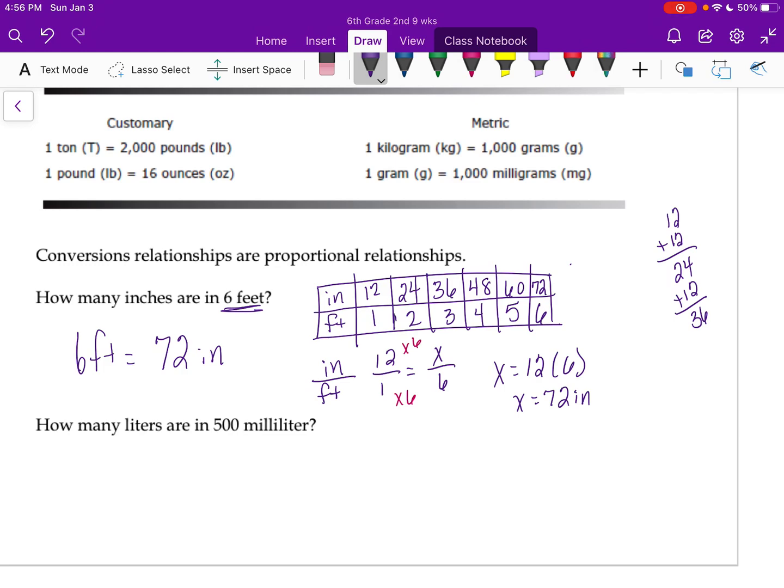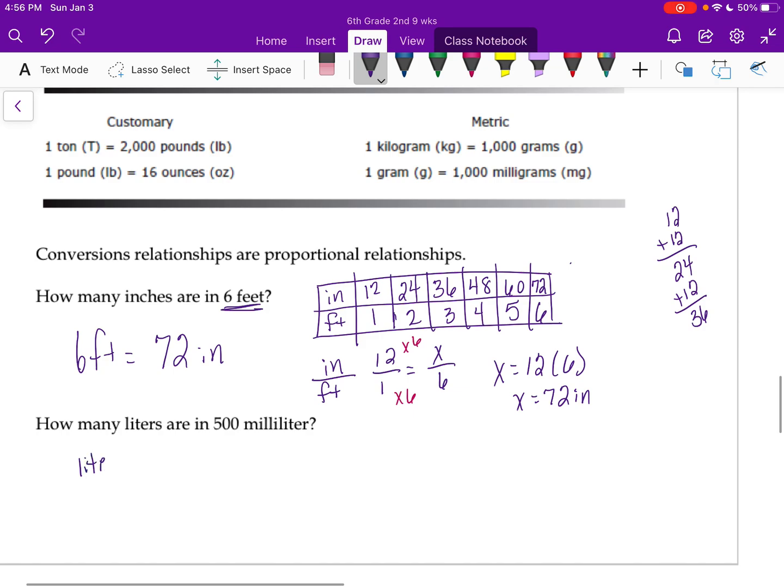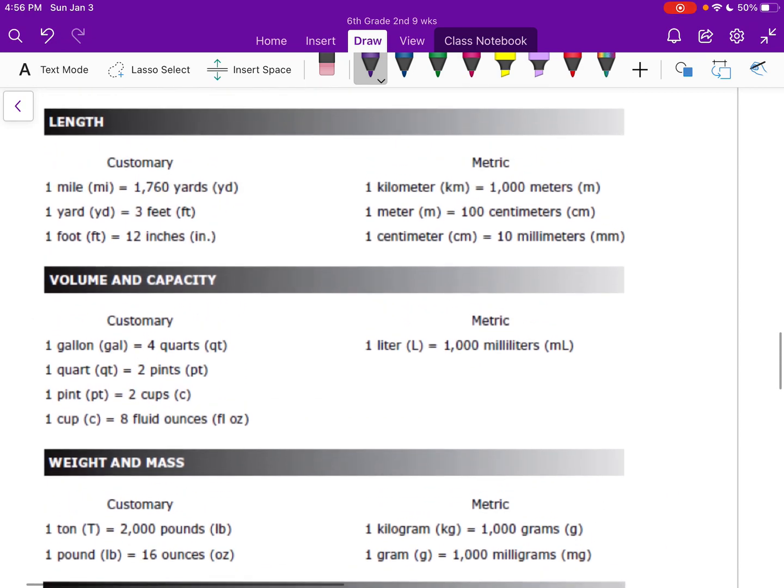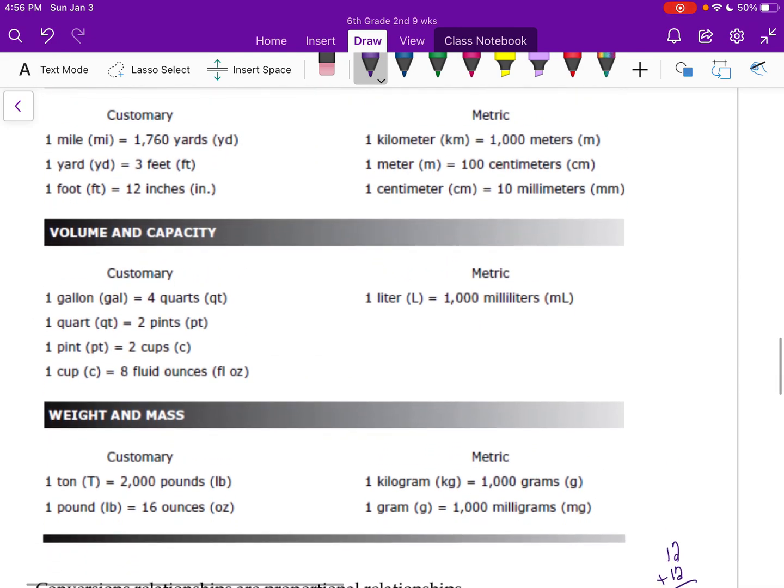All right, let's look at a metric one. It says how many liters are in 500 milliliters? Okay, so we're comparing liters and what? And milliliters. Okay, so I'm going to go up to the chart and find that relationship. Liters to milliliters. Okay, it's volume, right?